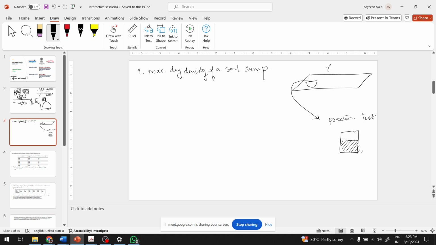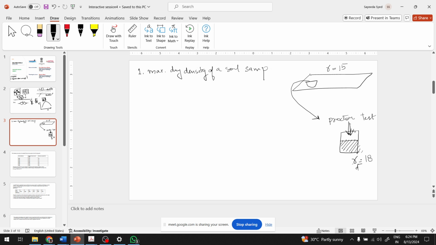This soil may have a gamma of 15, and when you perform this test you find out that it can have at maximum a gamma d of 18, for example.